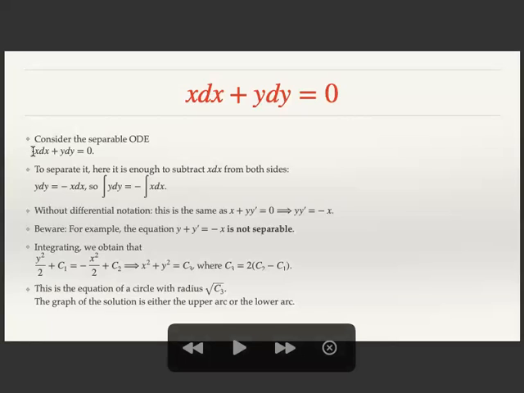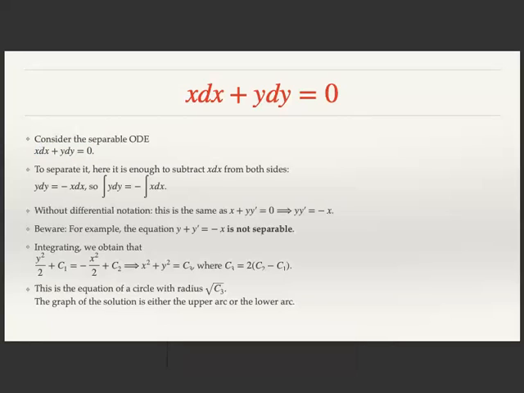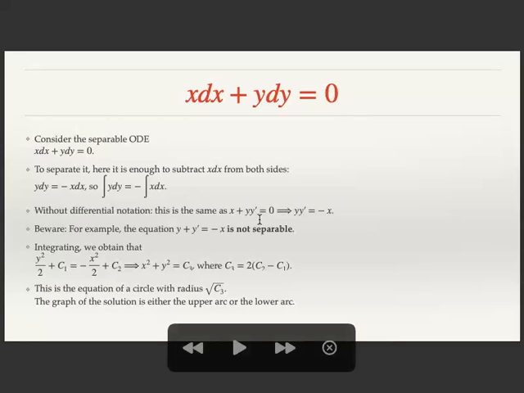So what about the equation that we are actually going to solve? This equation, x dx plus y dy is equal to 0, is an equation written in differential form. If you formally divide by dx, then you get x plus y times dy over dx, which is the same as y prime, is equal to 0.